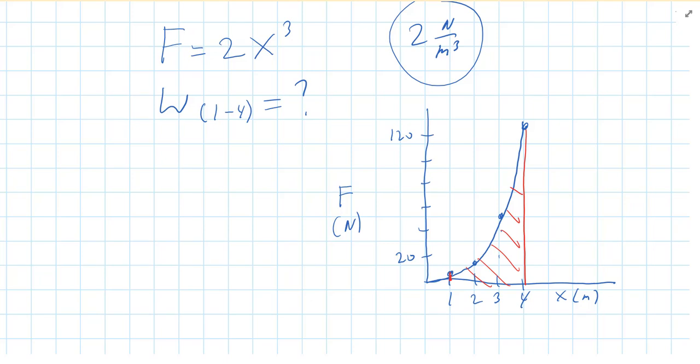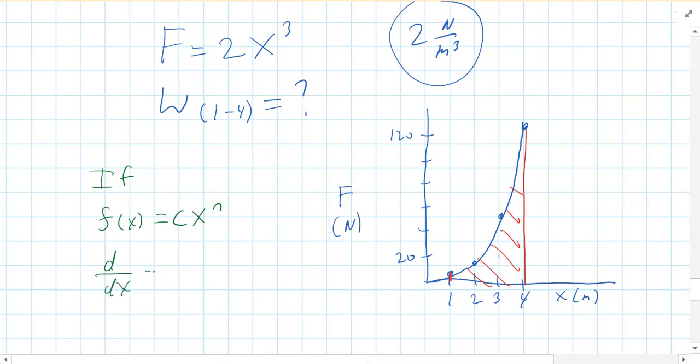So here's the deal. We've talked about the derivative, which is the slope of a graph. If you have a function of x such that it's cx to the n, then its derivative, d function dx or whatever, you take c times n, times x to the n minus 1.